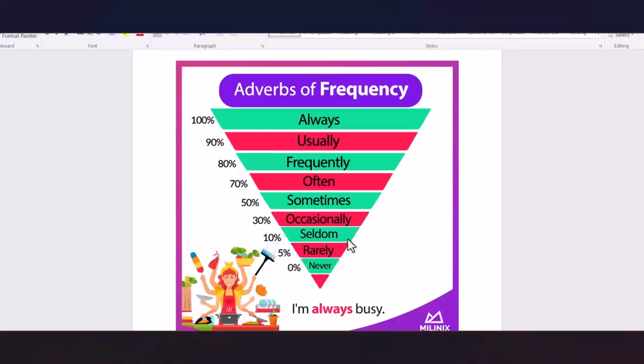An interesting point related to seldom and rarely is that we have seen that people use them interchangeably, but seldom takes precedence when something happens more frequently, because we use seldom according to this infographic when something happens 10% of the time. However, we use rarely when that thing happens 50% of the time.